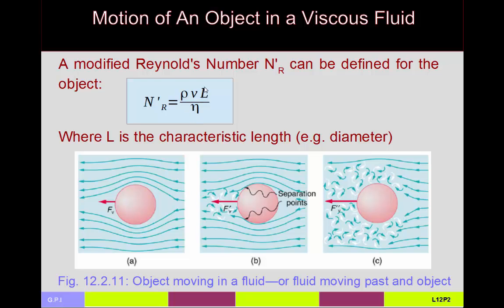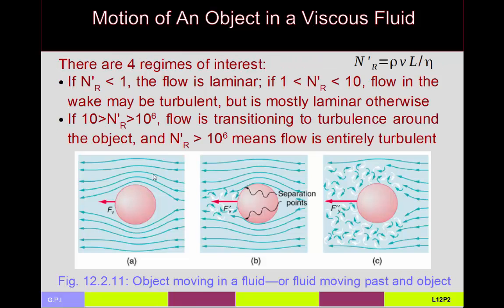So eta is the viscosity. L is a characteristic length of the object. For example, if this is a spherical ball, then L would represent the diameter of the ball. So that's your characteristic length. If it was a cube block, then maybe it would be the length of each side of the face, or maybe the length of the diagonal could be used.